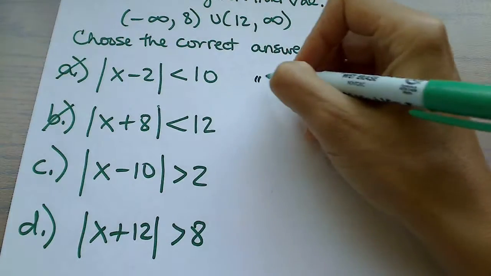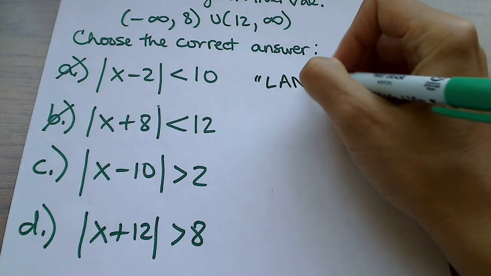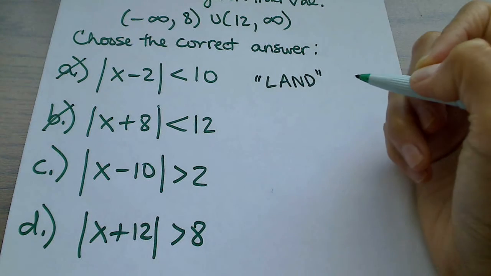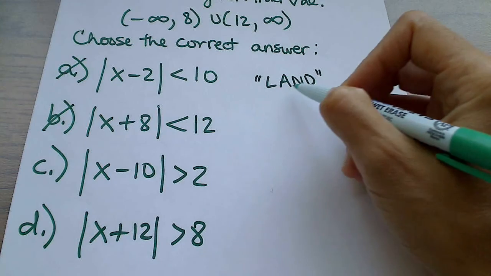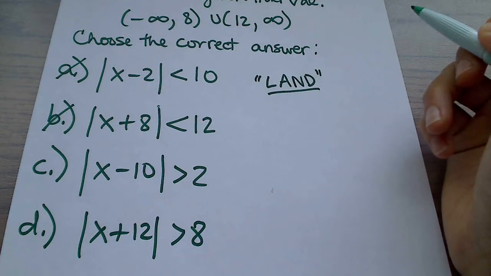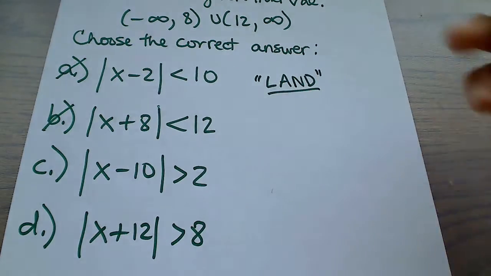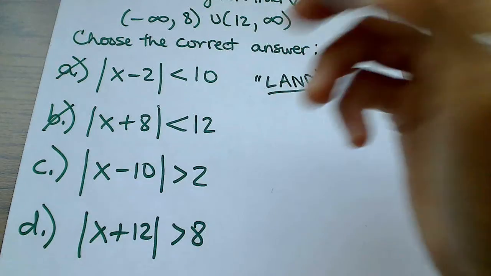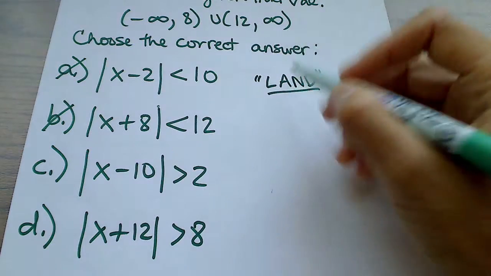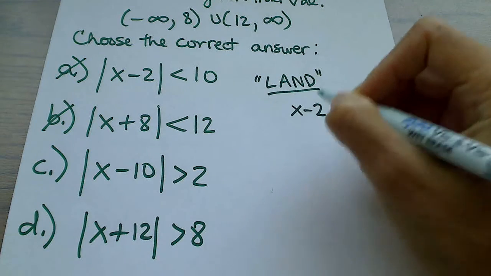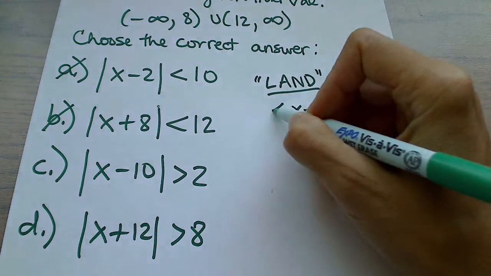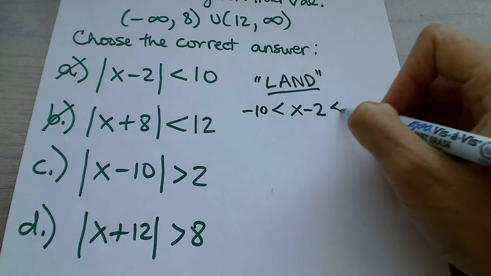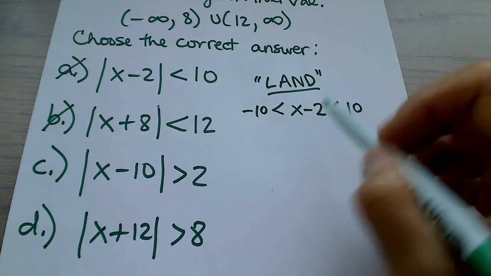So the acronym that I generally use to help students remember that less than statements are and statements is the word LAND. The definition for these is always that you're going to take whatever is on the inside of your absolute values. So for instance, this one, you would take the x minus 2, drop the absolute values, set it greater than negative 10 and less than positive 10.